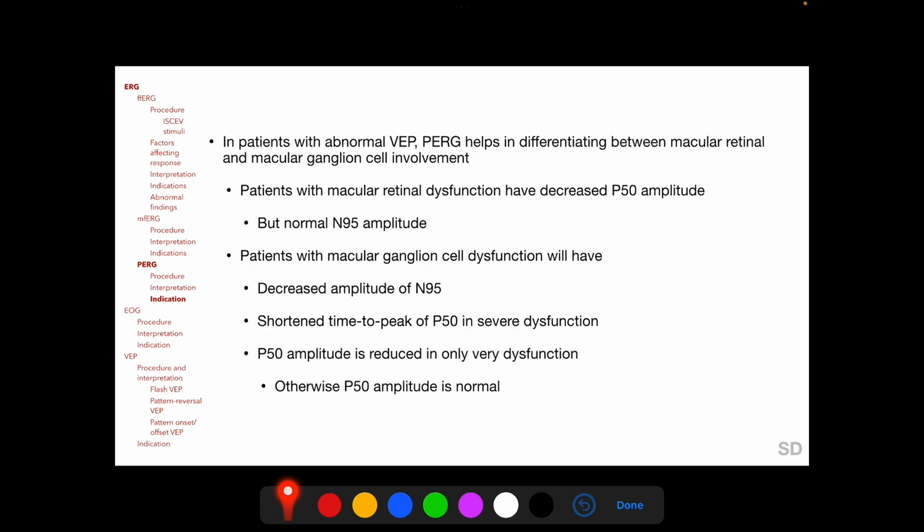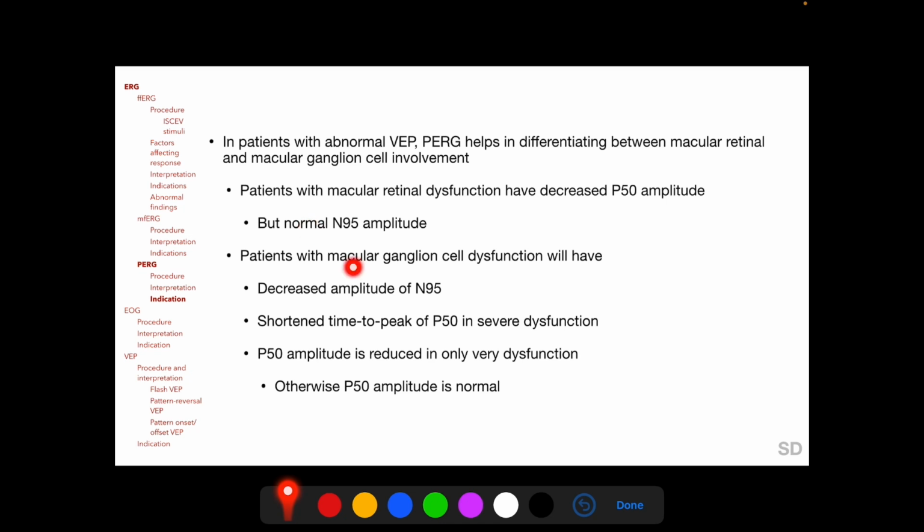PERG is also indicated in patients with abnormal VEP responses, in whom PERG helps in differentiating between macular retinal and macular ganglion cell dysfunctions. In patients with macular retinal dysfunction, the P50 amplitude will be decreased, but the N95 amplitude will remain normal.